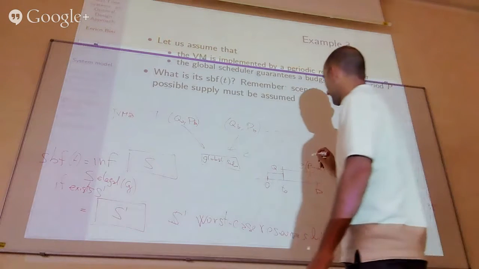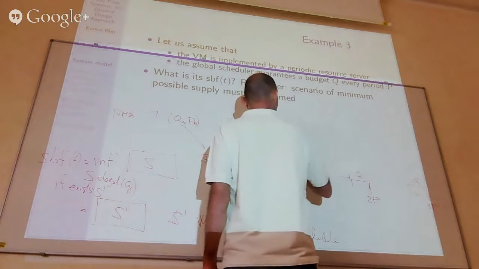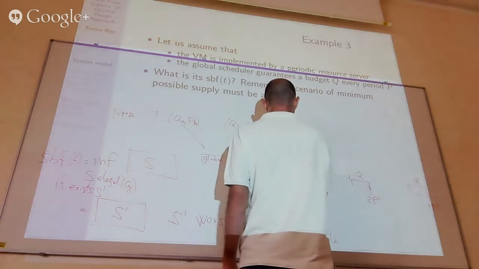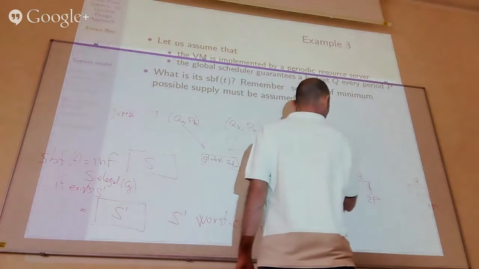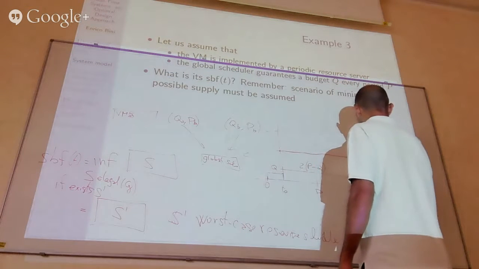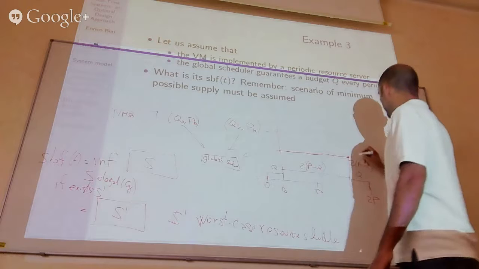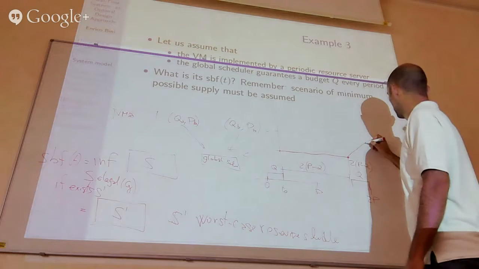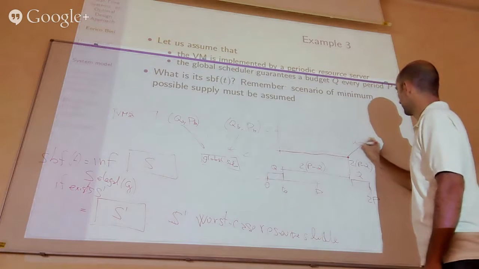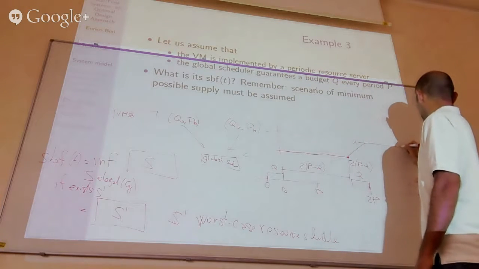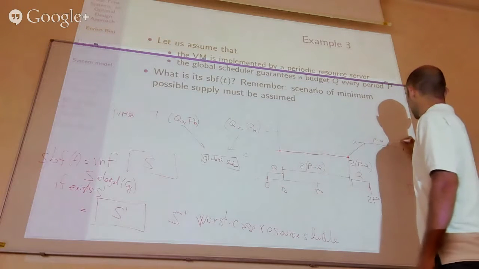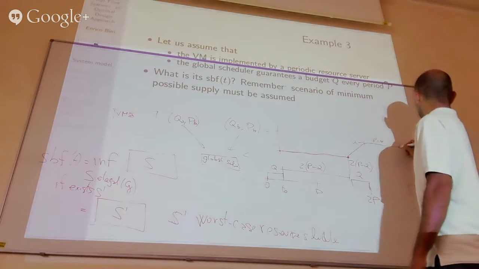In fact, the supply function in this case is exactly this one. It is 0 until 2 times P minus Q, then it increases by Q until 2 times P minus Q plus Q. Then it is flat for P minus Q. Then it increases by Q.